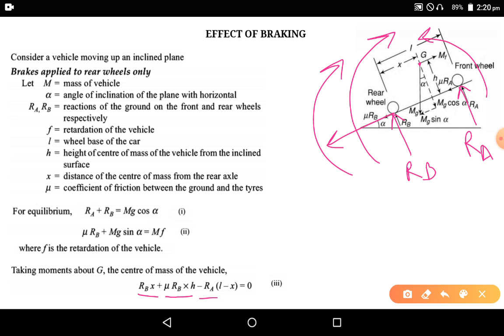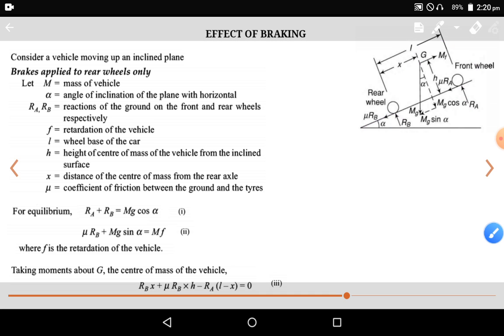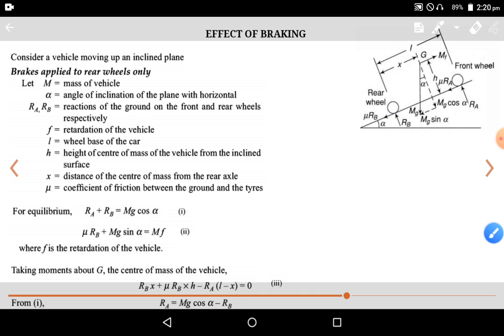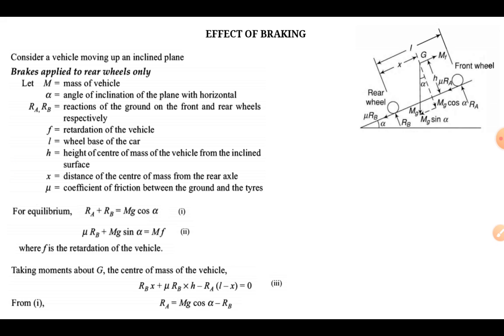L minus x, right? So this is the equilibrium condition for the vehicle, right? Okay, so after solving all these equations, we can find the value of f, right?